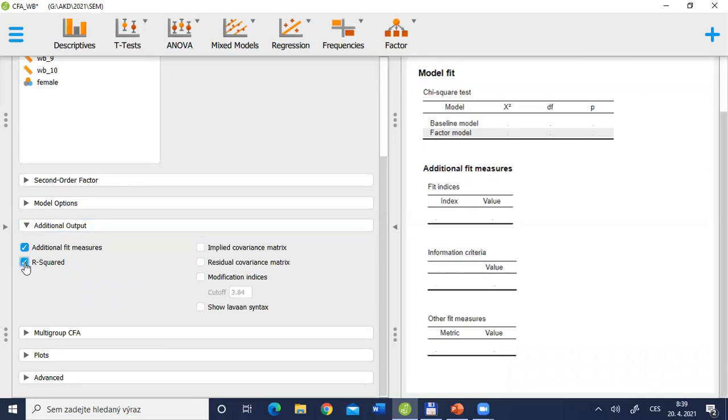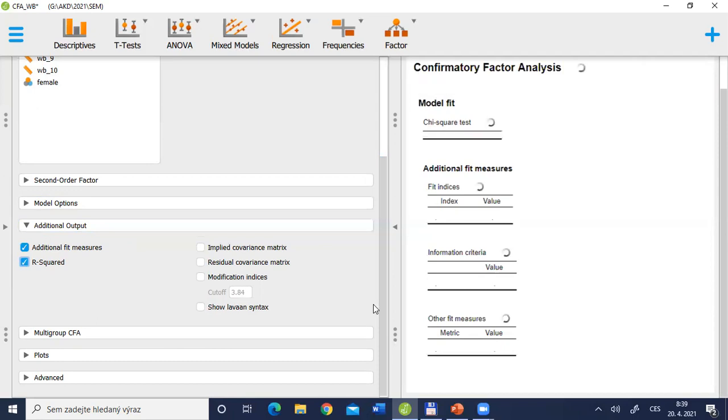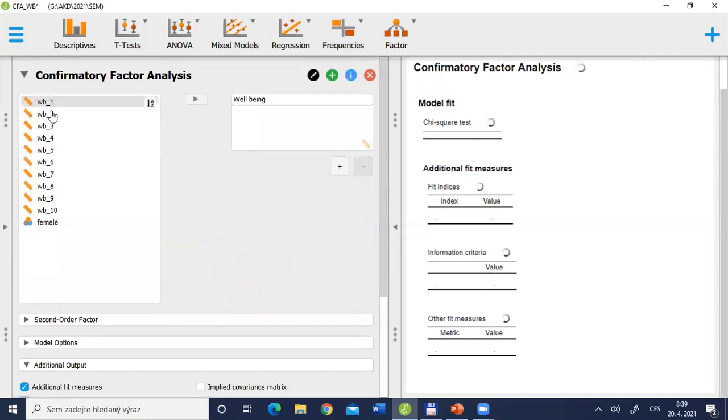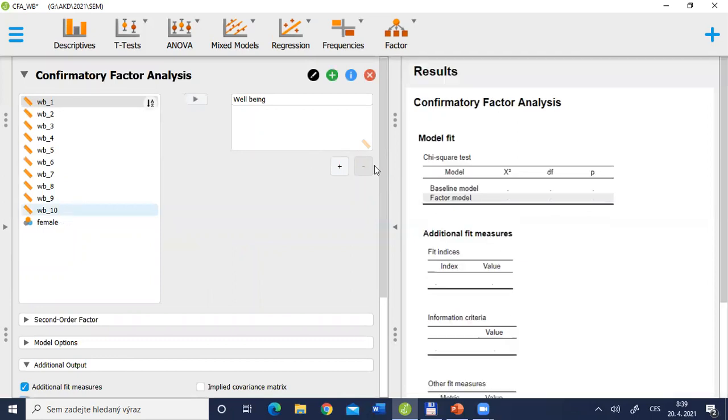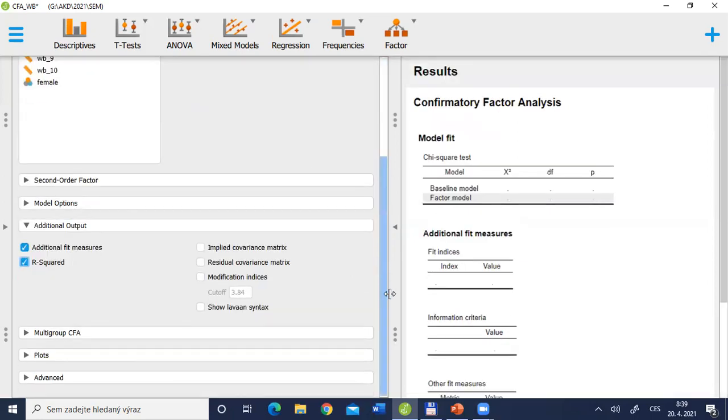For every dependent variable here, WB1 up to WB10, you would find the measurement of explained variance, so 10 R-squared values would be present here. I would skip implied covariance and residual covariance. We will discuss briefly these topics next time.